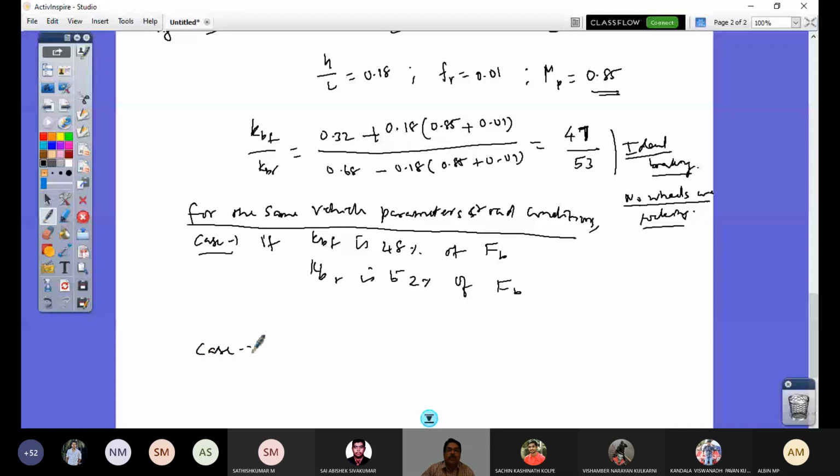Case 2: if KBF is 5% of FB, and simultaneously it is 55% of FB for KBR, right?